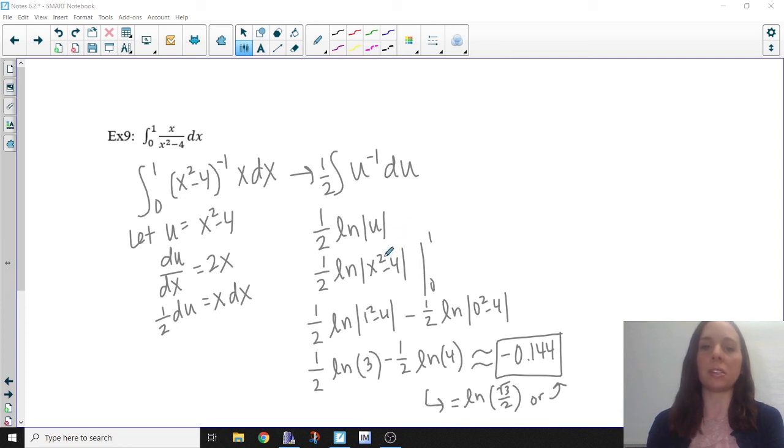Now, again, u was x squared minus 4, so that's what I use for my limits of integration. I plug 1 in for x, minus plug in 0 for x, and that gets us a final answer of -0.144 approximately.